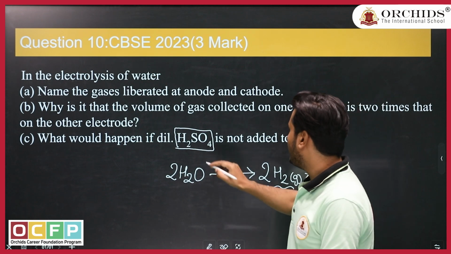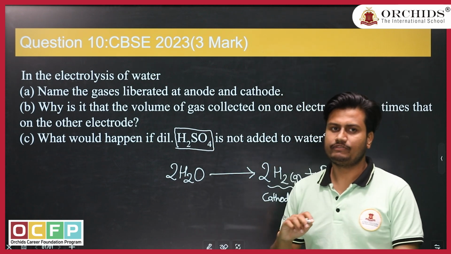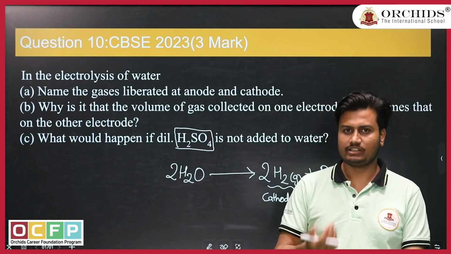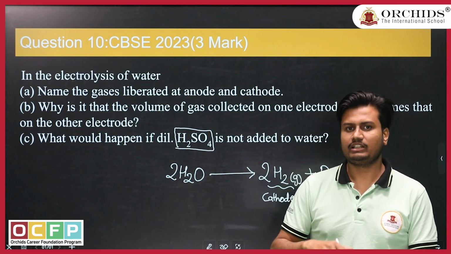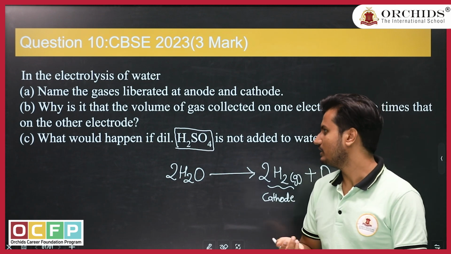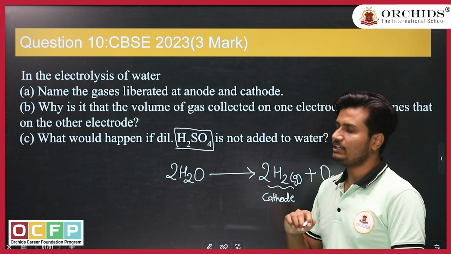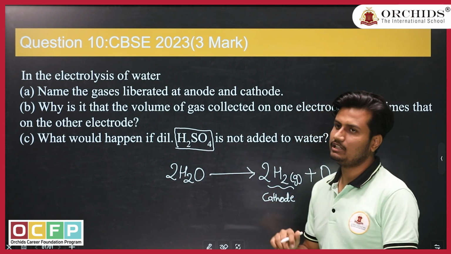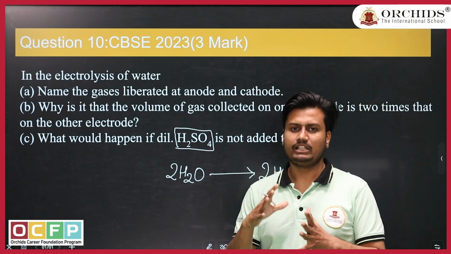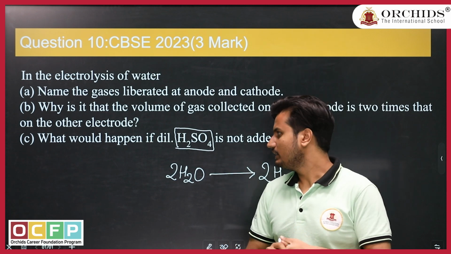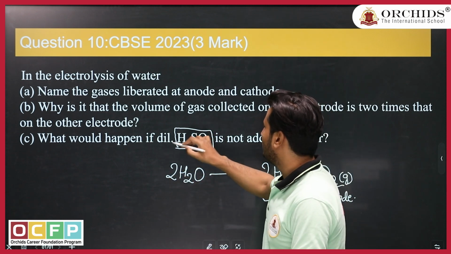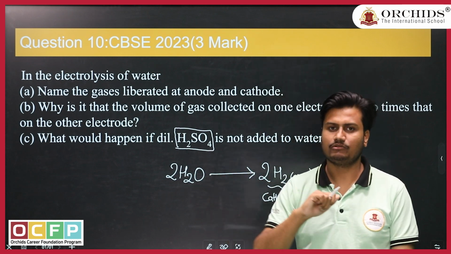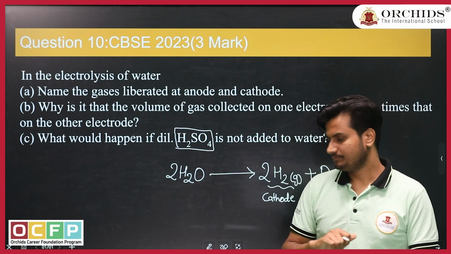So we add dilute H2SO4 to facilitate the electrolysis process and make it more efficient. If you don't add H2SO4 into the water, the reaction will be very slow. So this is the reason we add dilute H2SO4 in the electrolyte.